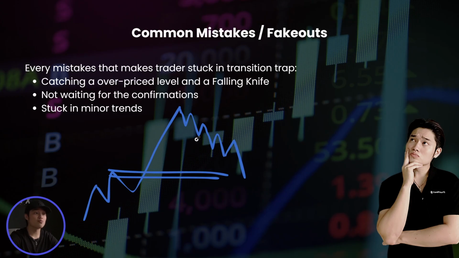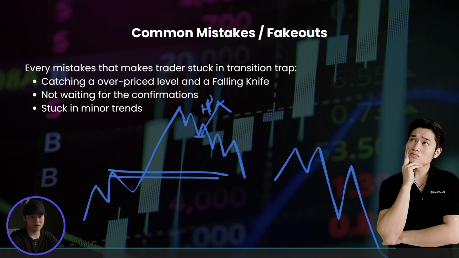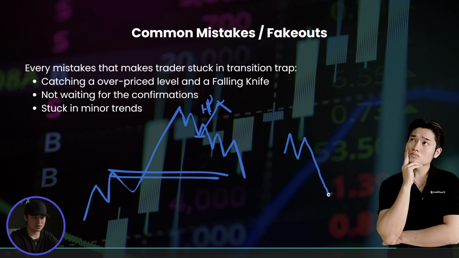That's why if you are buying here, you see, this is an ABC correction, I buy here, but the price failed to create another higher peak. Okay, the price failed to create it like this. For the falling knife, it should be like this. Okay, boom. Okay, wait. That's ugly. Let's change it like this.